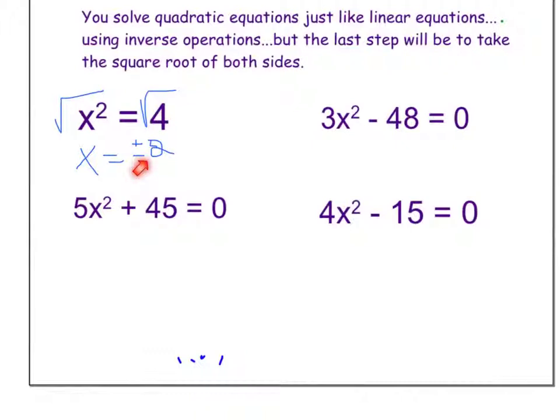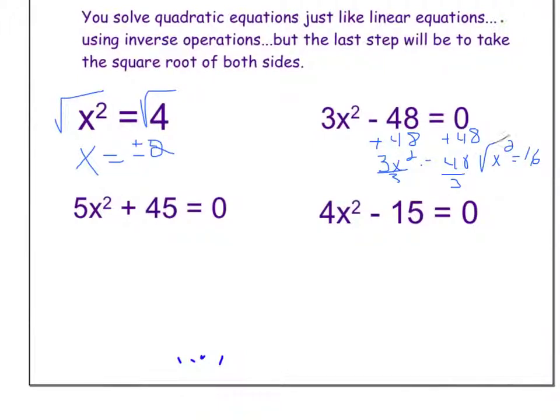So second example, we are going to use inverse operations to get that x squared on a side by itself. Divide by 3, so x squared is 16.